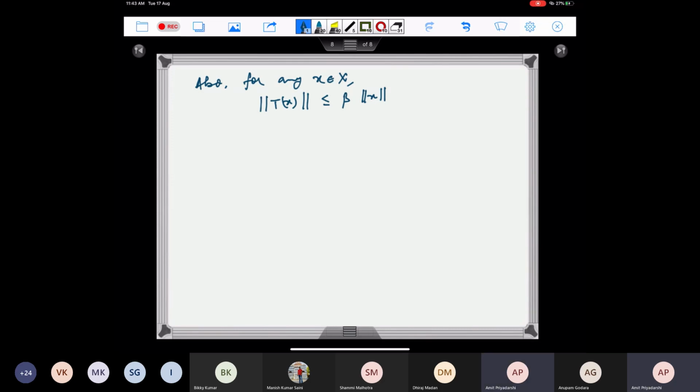This is true by definition of beta. So norm Tx is less than or equal to beta times norm x. So beta is one such m. And what is gamma? Gamma is the infimum of all such things.